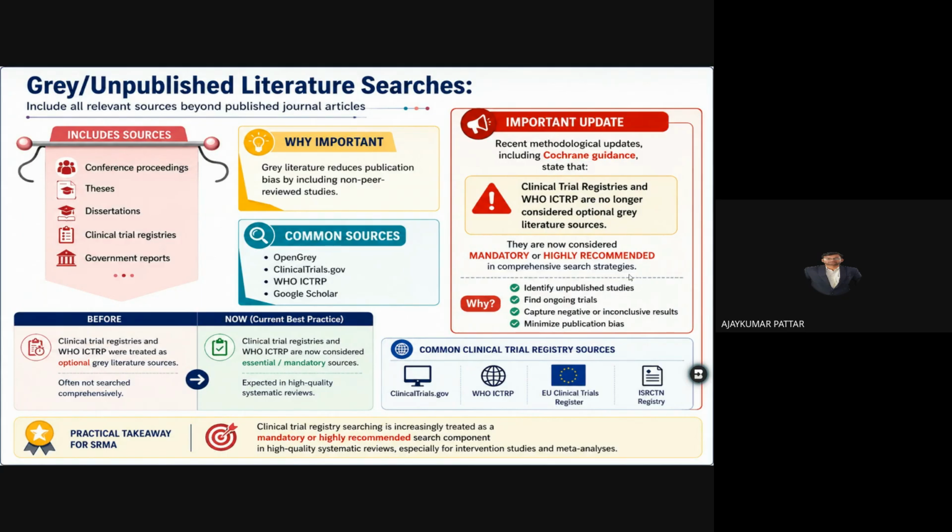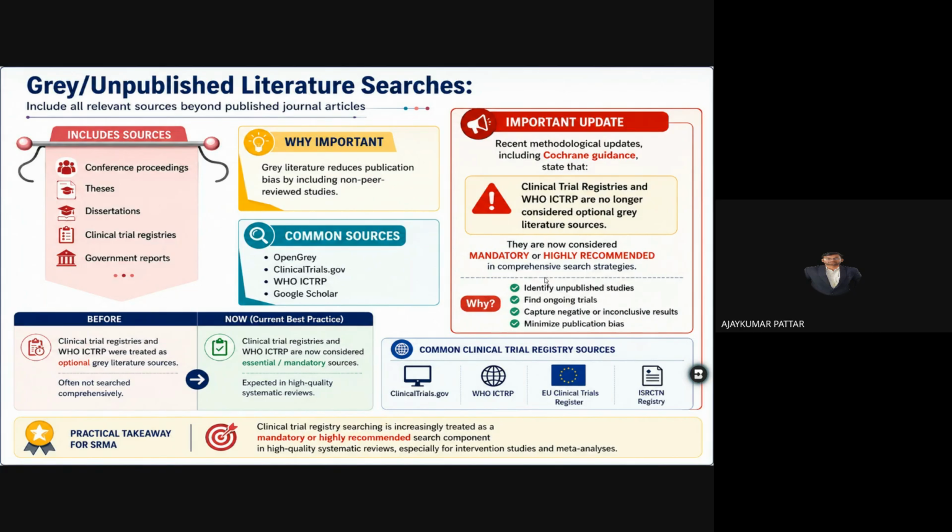Initially, if you searched 2 or 3 databases, it was not mandatory to search the clinical registries, as they come under gray literature. But now Cochrane has made the change. Along with databases, the clinical registries are also mandatory for comprehensive research.